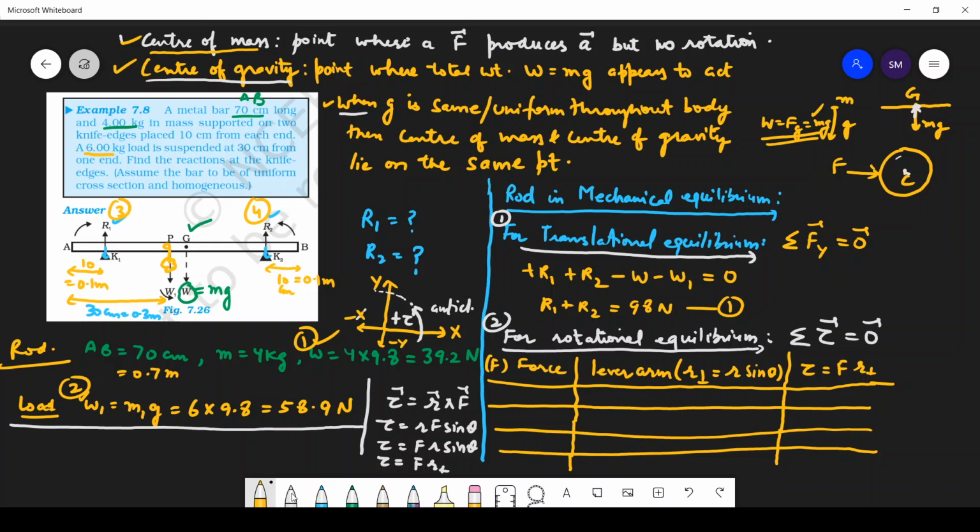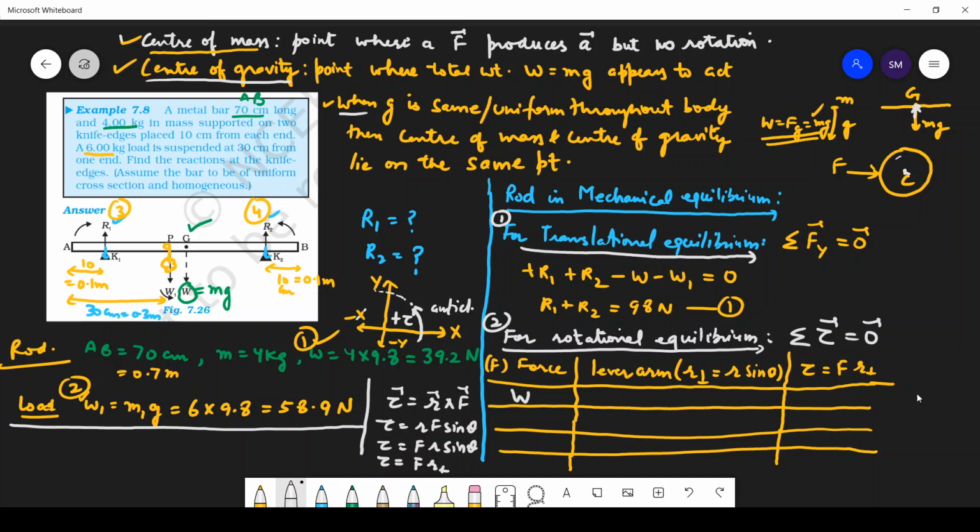Okay, one by one. So what is our first force? First force was our weight of the rod, that is W, downwards. What is the lever arm over here? See, next thing is that students, we have to choose a convenient point we are going to take the moments about.